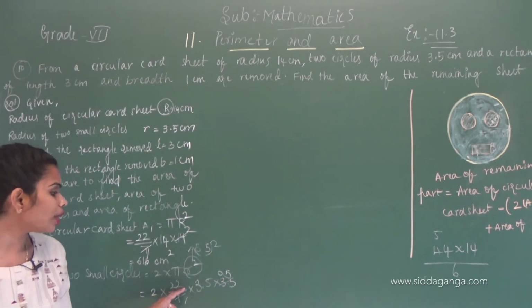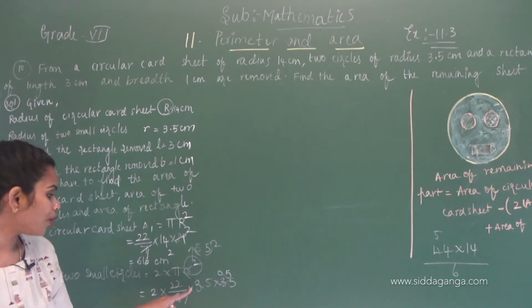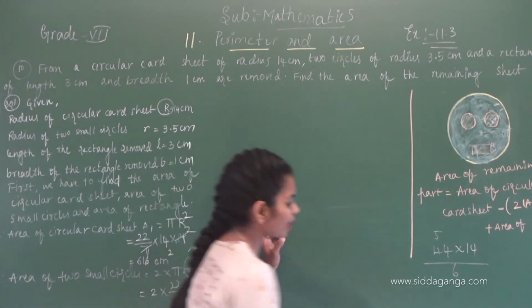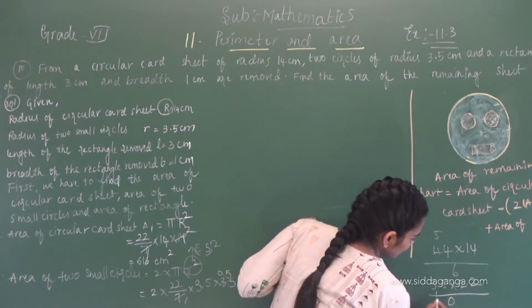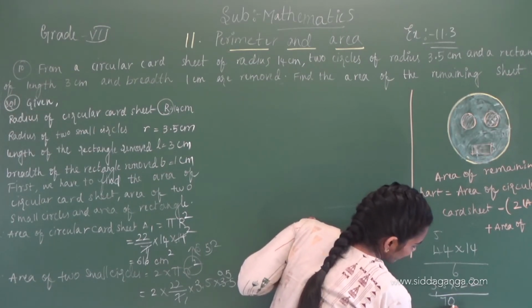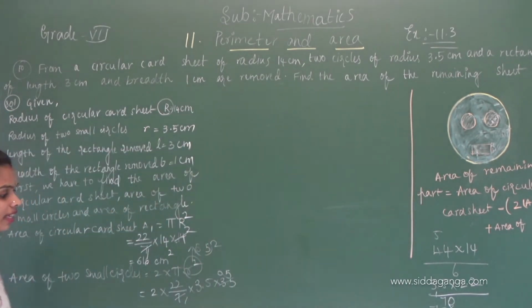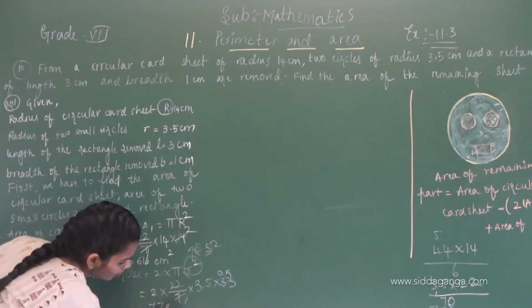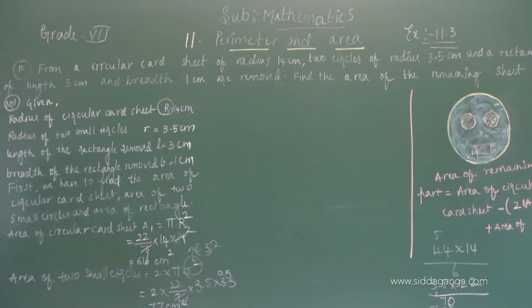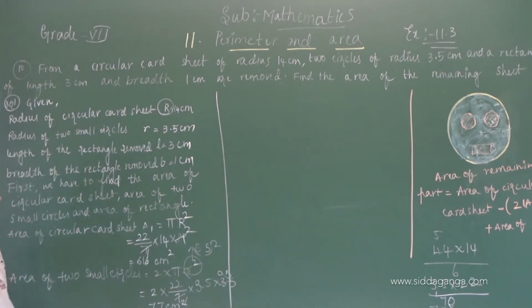If you do 22 into 3.5, it is enough. 3.5 into 22. 2 3s are 6, 6, 7. 77 centimeter square. Two small circles are having the area of 77 centimeter square.